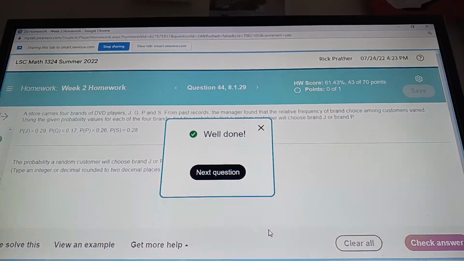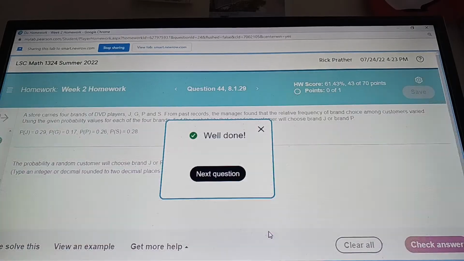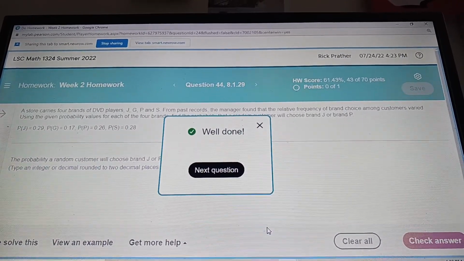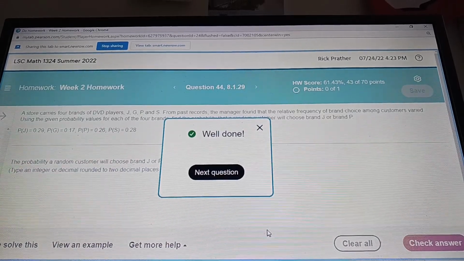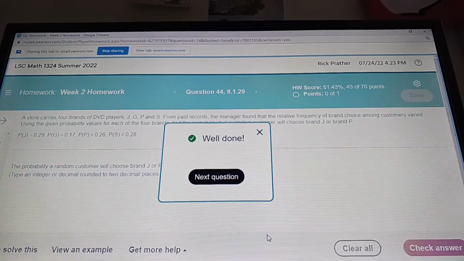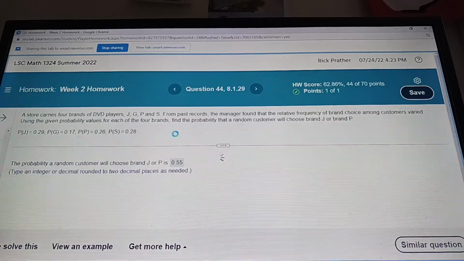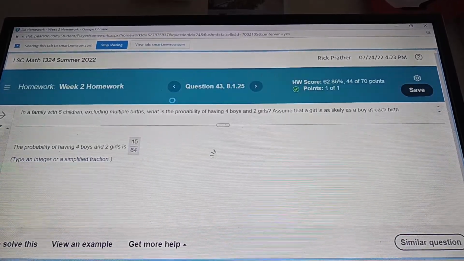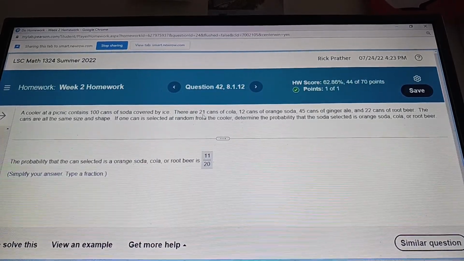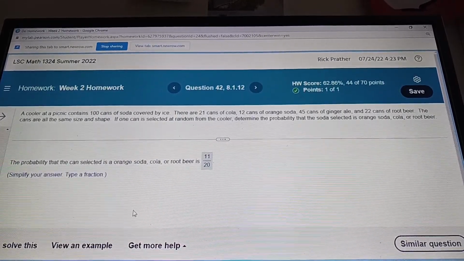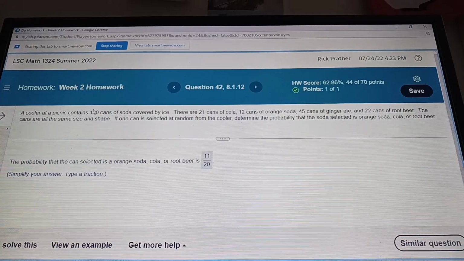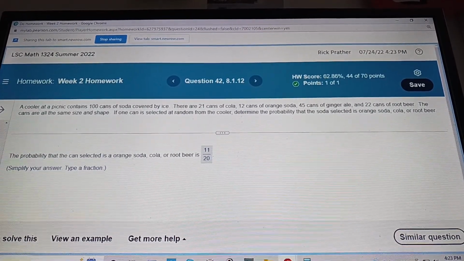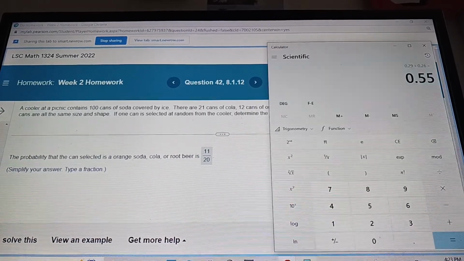So this one's a little easier because they've already taken the time to divide by the total. Normally what you would do is you'd say how many J's are there, how many P's are there, add that together like the cola and the orange soda, and that would be your good cases, and then you would divide by the total. But we could have also done number 42 this way. In number 42, if I would have done 21 divided by 100, 0.21, and then 12 divided by 100 is 0.12, and then 22 divided by 100 is 0.22, that's the nice thing about 100.